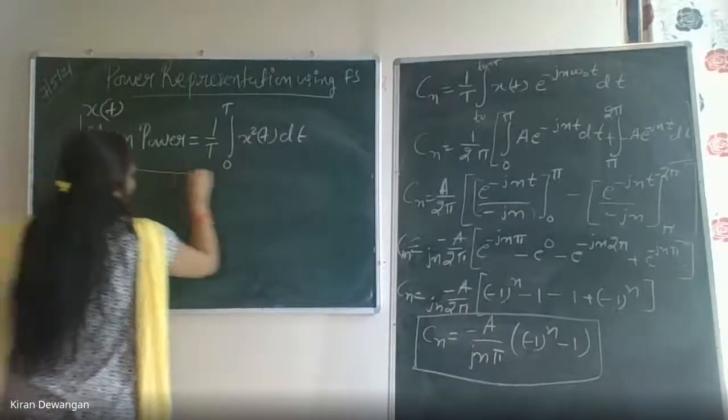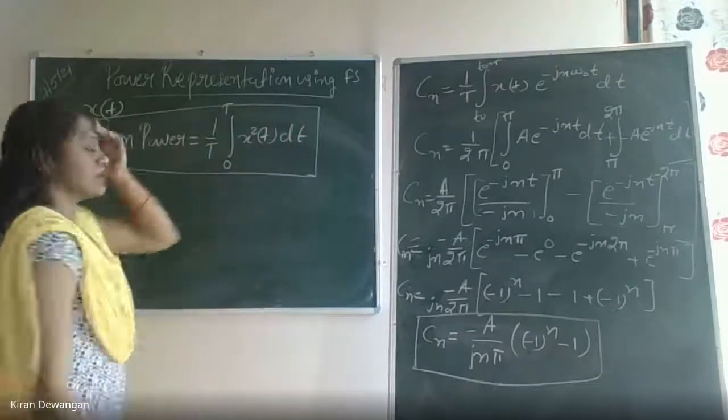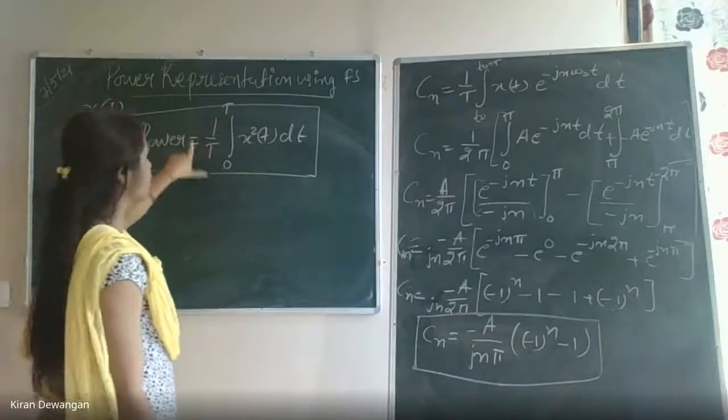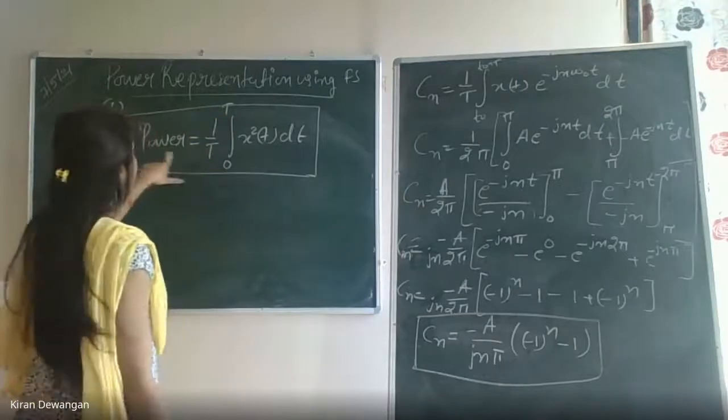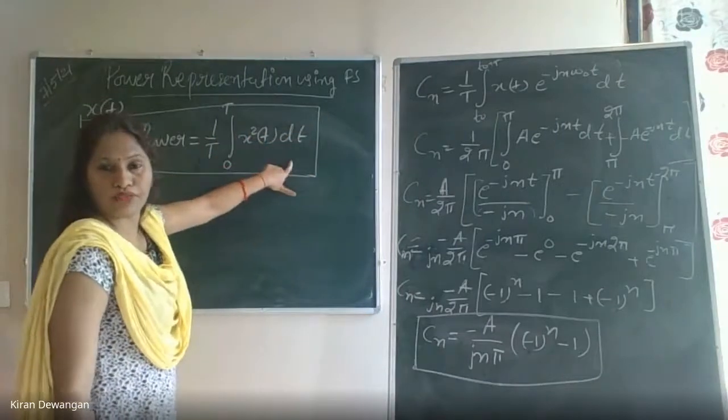So this is the formula for calculating the mean power of any particular signal over a period of time. मतलब एक particular period of time के लिए if we have to calculate the power, it will be 1 by T integration 0 to T x square t dt. ये हमने already पढ़ा हुआ है first unit में.